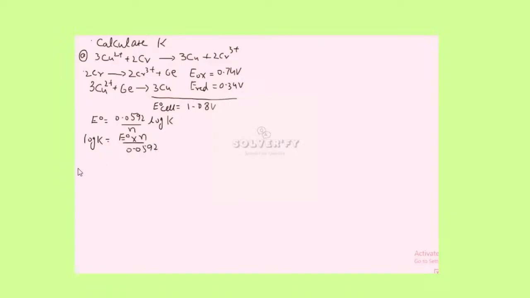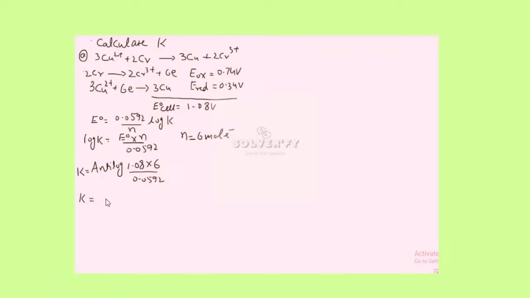or K is equal to antilog of E naught. E naught is equal to 1.08, where N is the number of electrons. Here N is equal to 6 moles of electrons. Multiply by 6 divided by 0.0592.